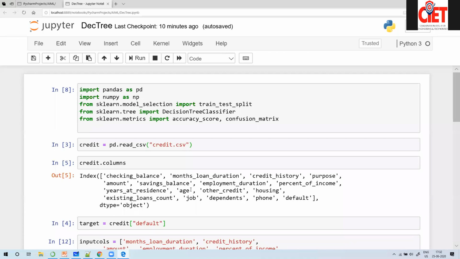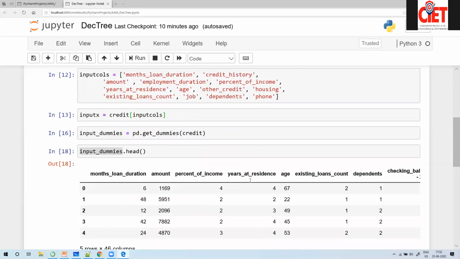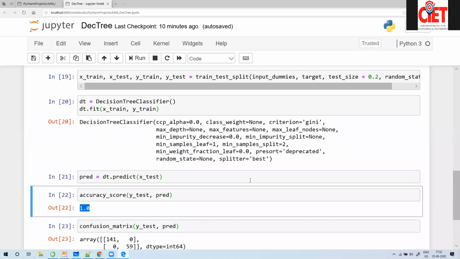We do a lot of things in linear regression and logistic regression. Linear and logistic regression came from the concepts of statistics. They are slightly different, but decision trees came from the concept of data mining. They are very, very powerful and they are very easy as well.